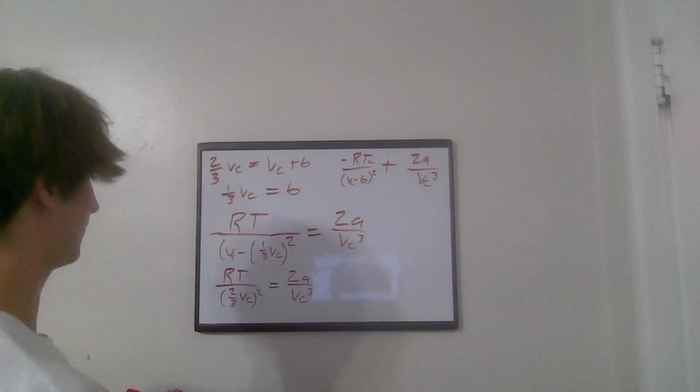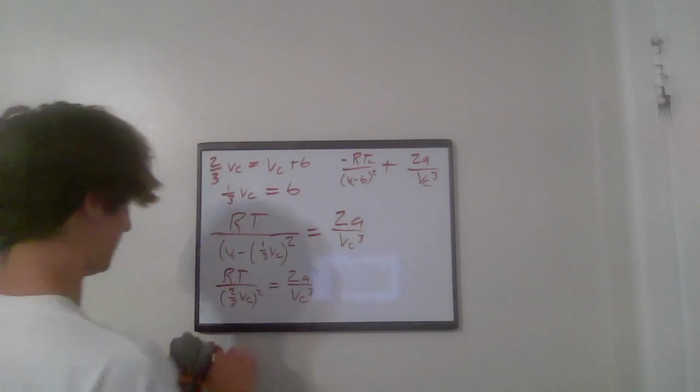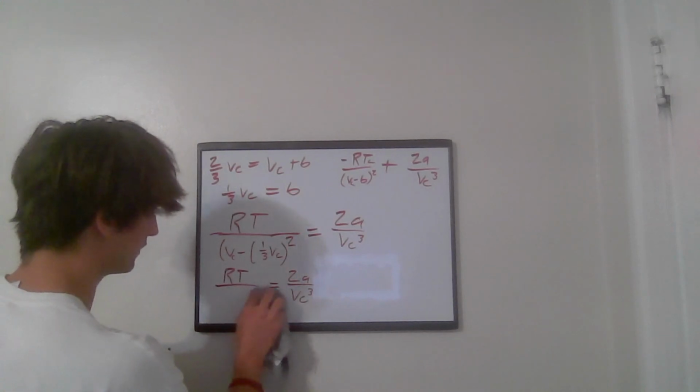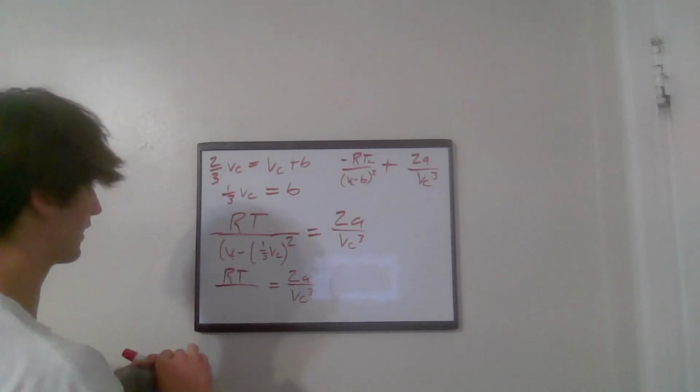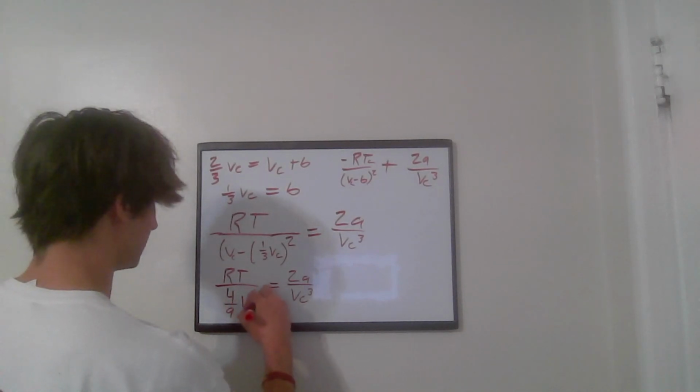And keep going with that. This is not 2/3 VC. It's going to be 2/3 VC squared, which is 4/9 VC squared.